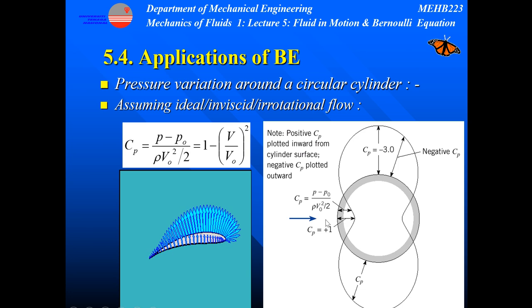On this point the pressure will be maximum. So when the pressure is maximum, you minus the pressure before, or the pressure in the streamline, you should get a positive value here. So that's why the Cp is positive. But then here, the pressure will be decreased on this side.